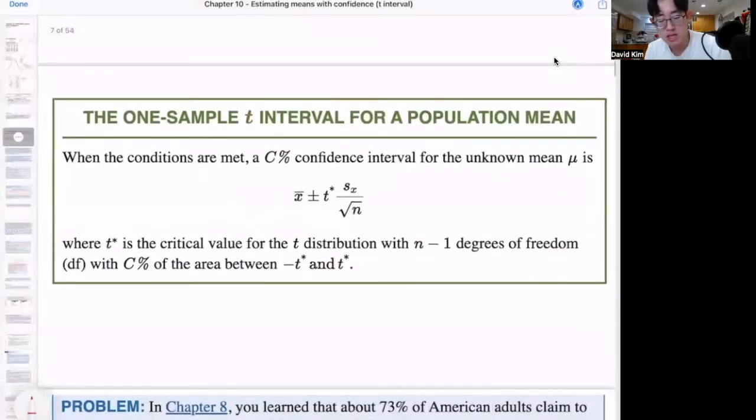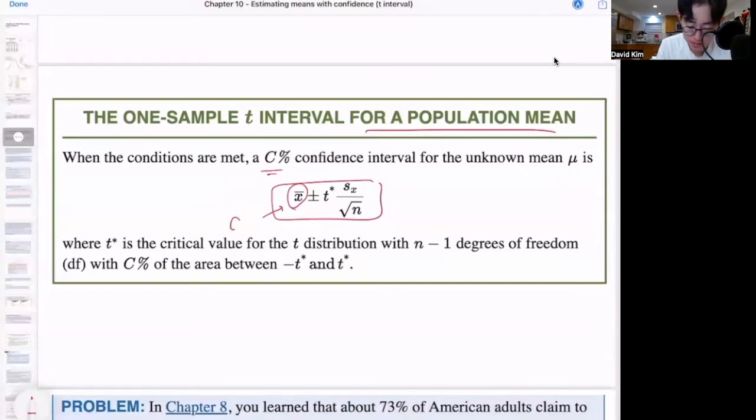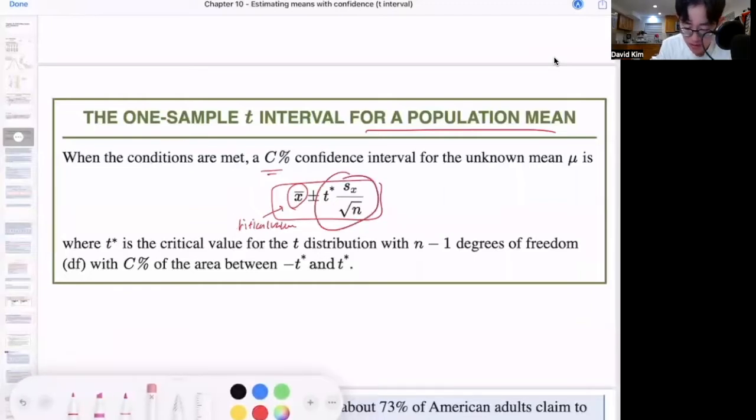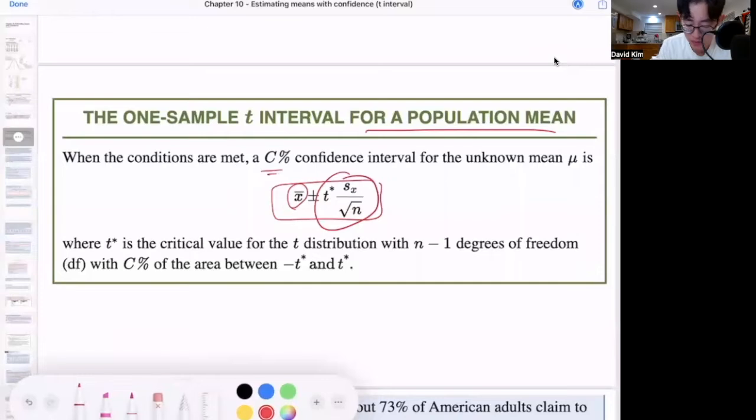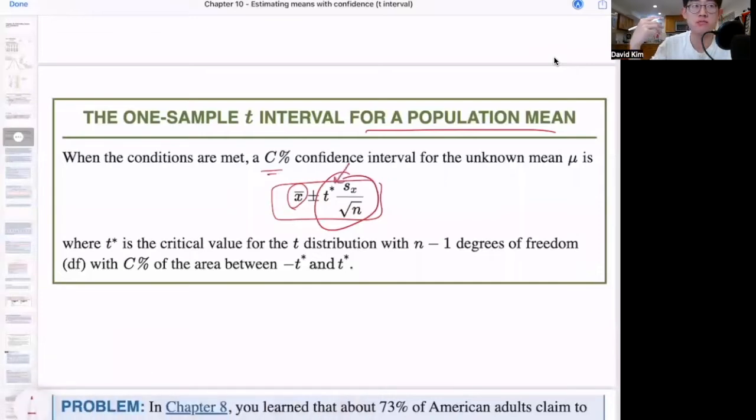All right, so the one sample t interval for a population mean, this is something I would like you to write down in your notebook. Whenever we're constructing a C% confidence interval, this is going to be your critical value. The t, actually, I'm sorry, the critical value usually comes from the fact that this is the t value.